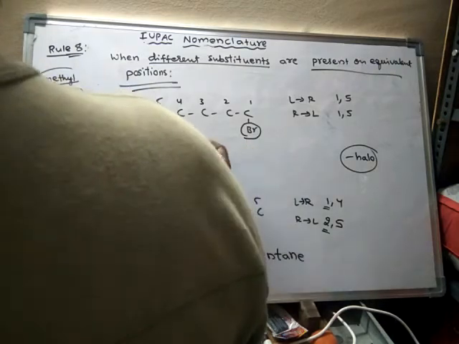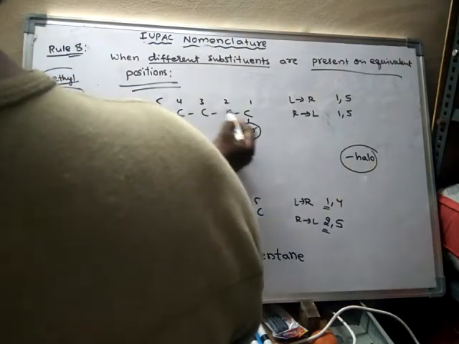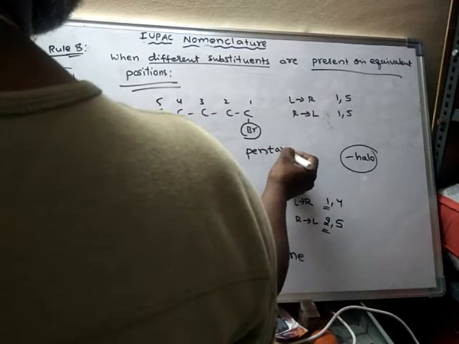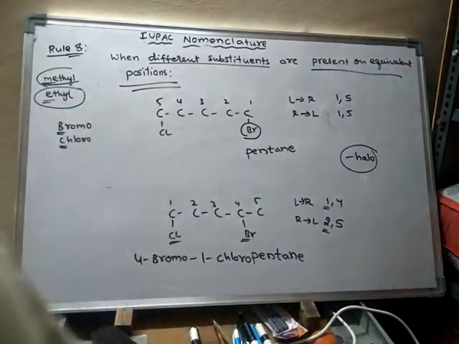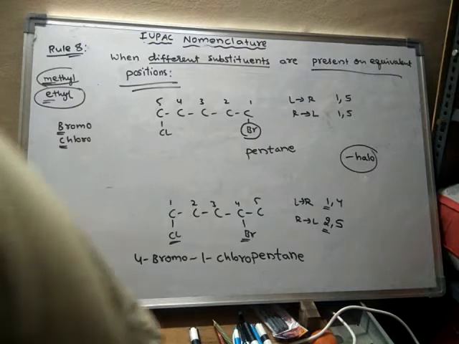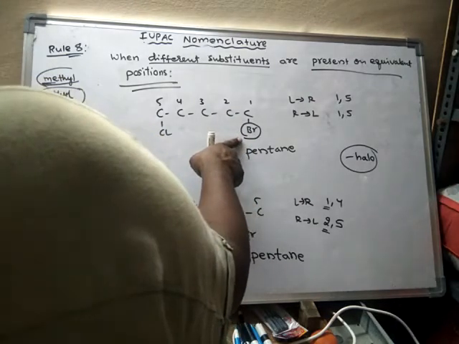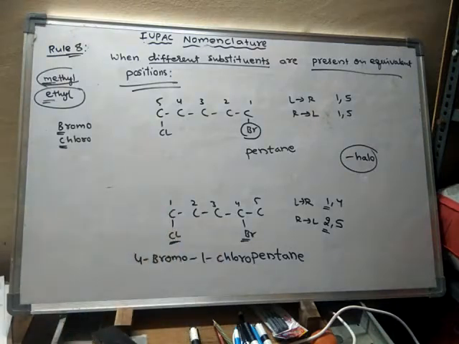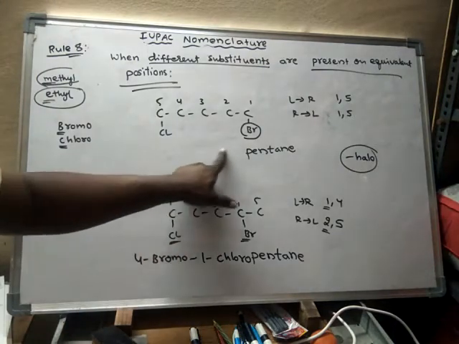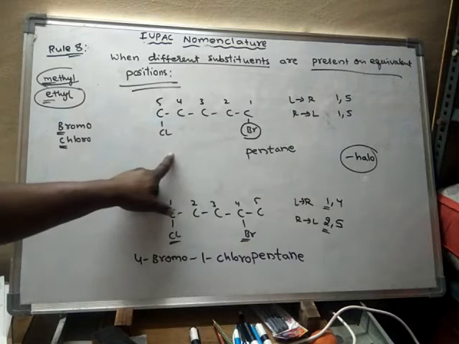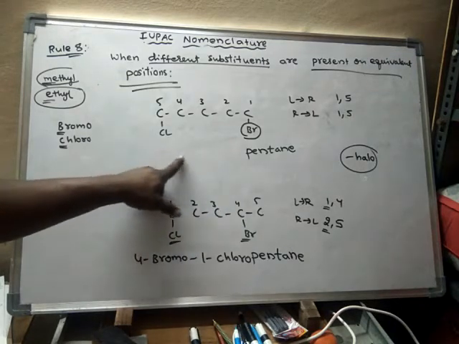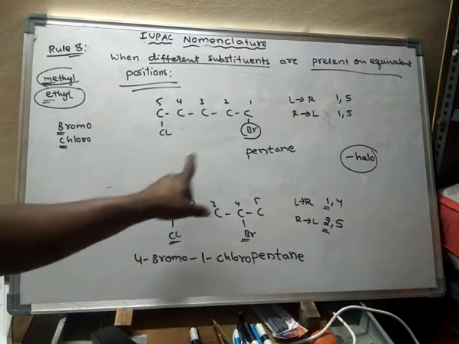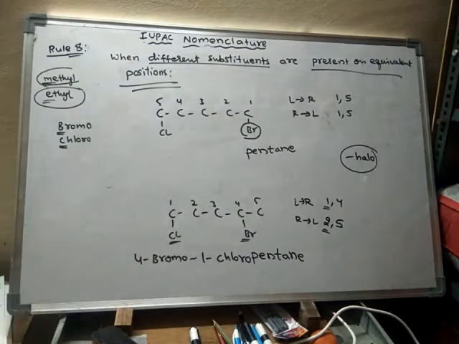So what is the name of this compound? 1, 2, 3, 4, 5, pentane. Numbering is in alphabetical order, and the name also should be written in alphabetical order. The names of the substituents should always be written in alphabetical order. In this case, numbering is also done in alphabetical order.